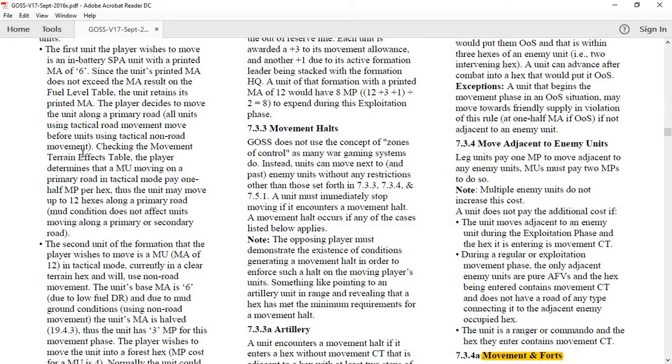Checking the movement terrain effects table, the player determines that a MA moving on a primary road in tactical mode pays 1/2 MP per hex. Thus the unit may move up to 12 hexes along a primary road. Mud condition does not affect units moving along a primary or secondary road.